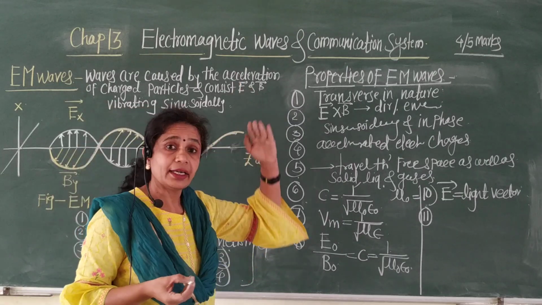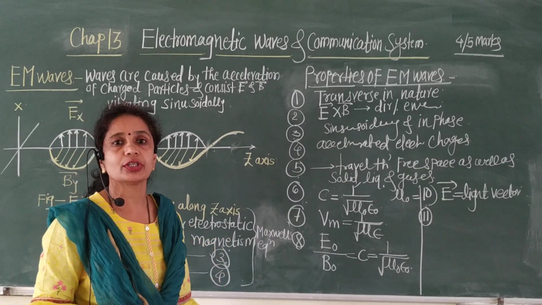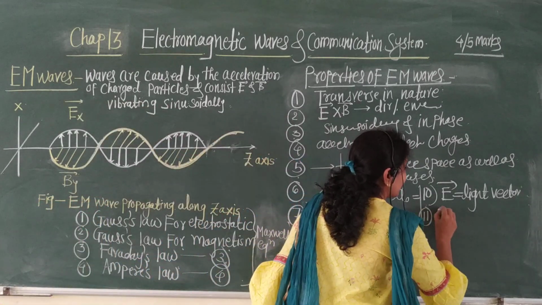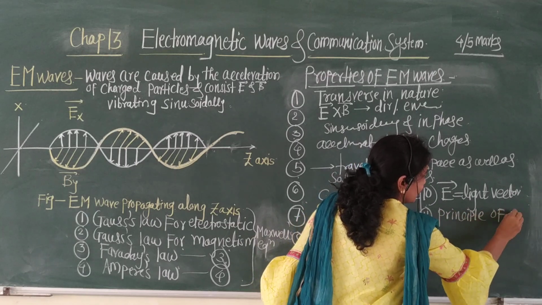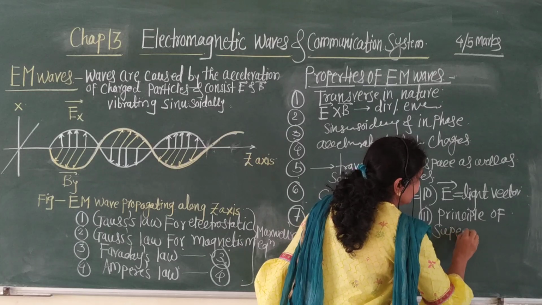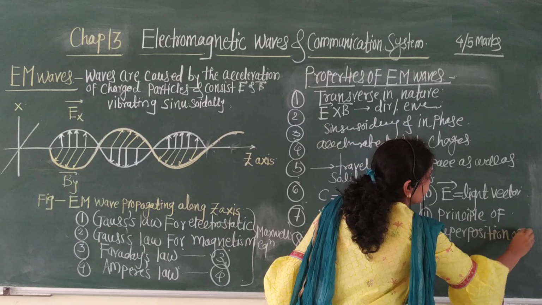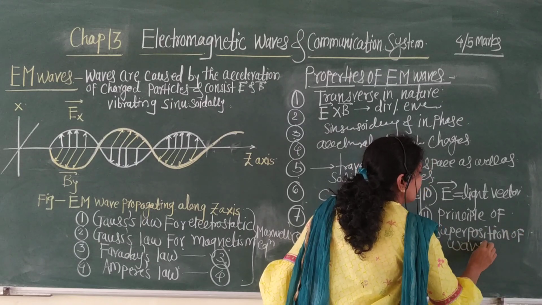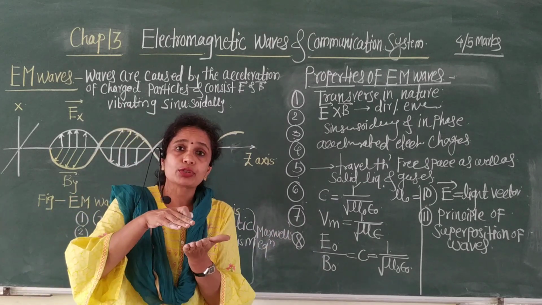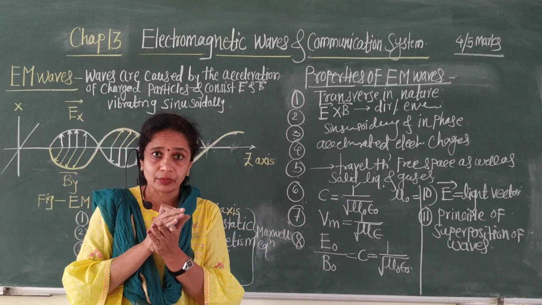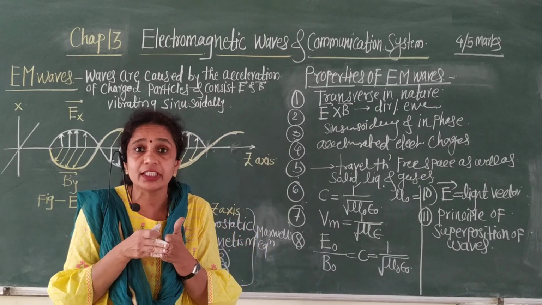These electromagnetic waves obey the principle of superposition of waves. Then you know what we mean by the principle of superposition of waves. When two or more waves travel through a medium, then at a particular point they interfere with each other.